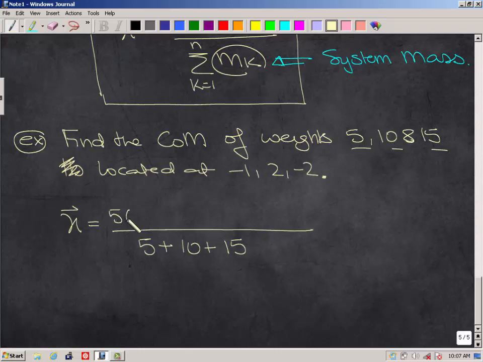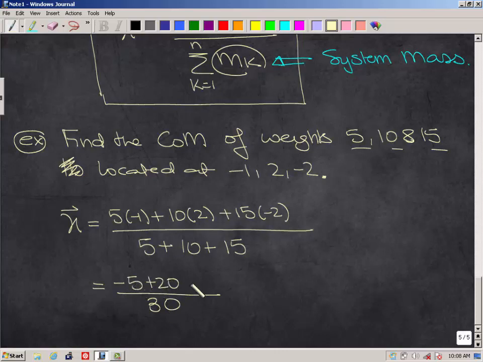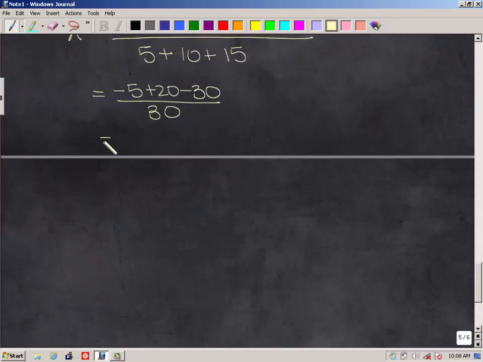So it'll be 5 times -1 plus 10 times 2 plus 15 times -2. Remember, it's signed distance. So in the denominator we get 30, and on the top we get -5 plus 20 minus 30. So on the top we'll end up with -15. So we'll get -15 over 30. So my center of mass is located at -1/2.